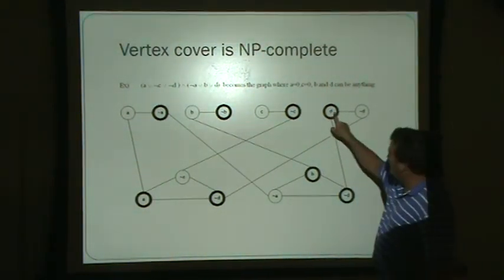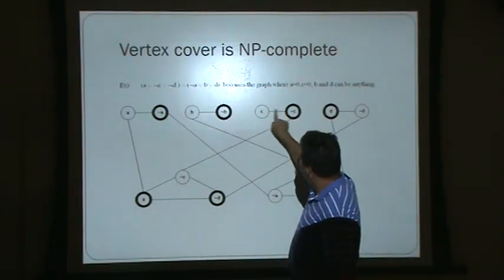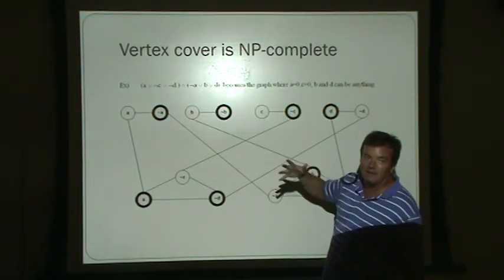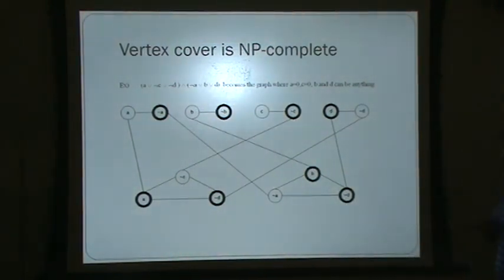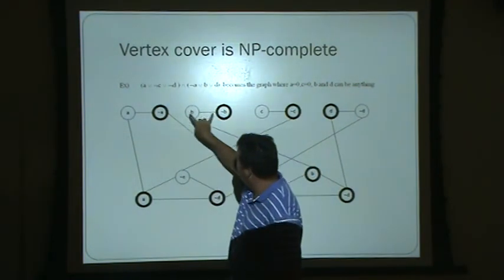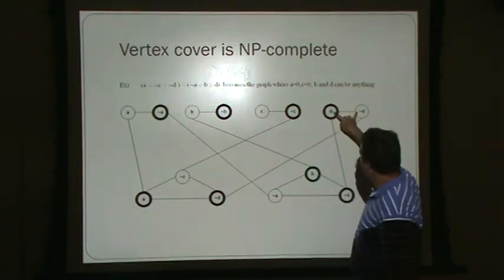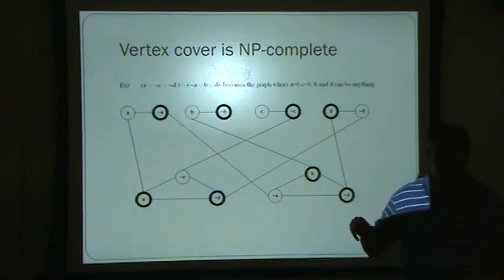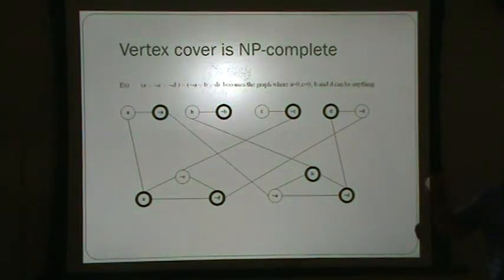For every edge up here, the D and the not D, how many of these vertices would have to be part of the cover? At least 1. So now the question becomes, can we find a vertex cover of size 1, 2, 3, 4, 5, 6, 7, 8? That is, 2 times the number of triangles plus 1 times the number of literals. Can we find a vertex cover of that size?